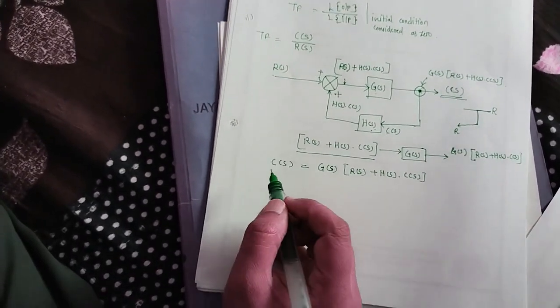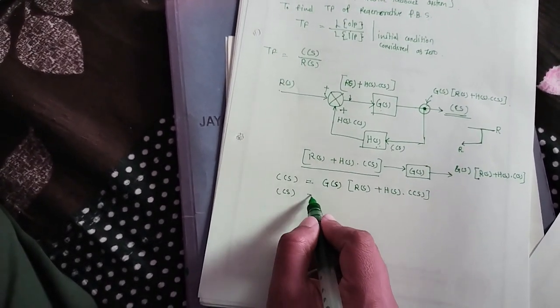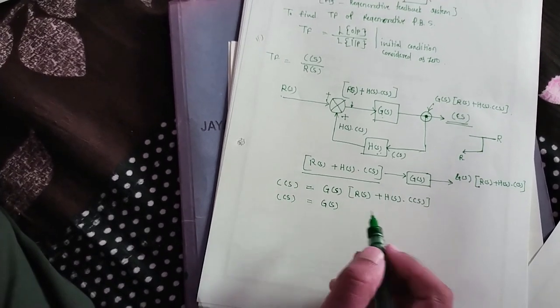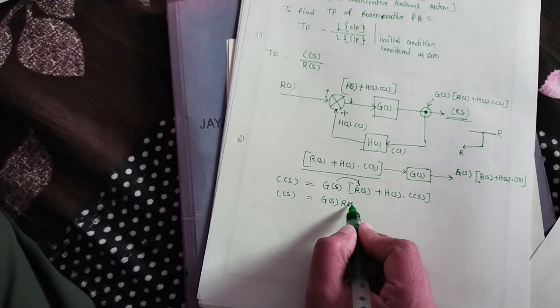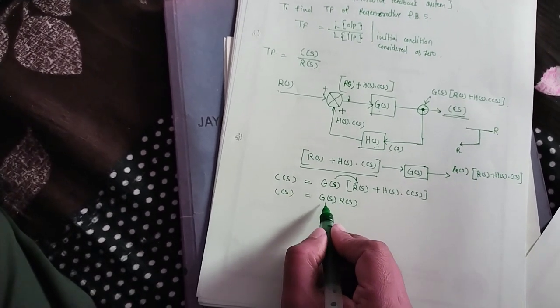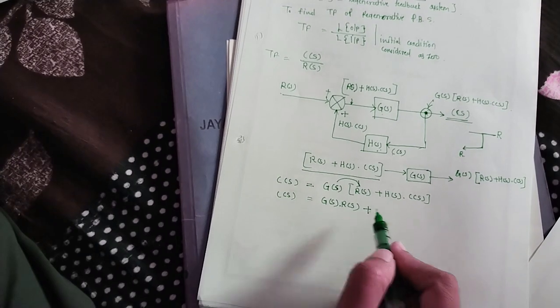Now by simplifying this equation you get C of S equals G of S, because this G of S gets multiplied first with R of S, giving G of S into R of S. The plus sign is as it is.